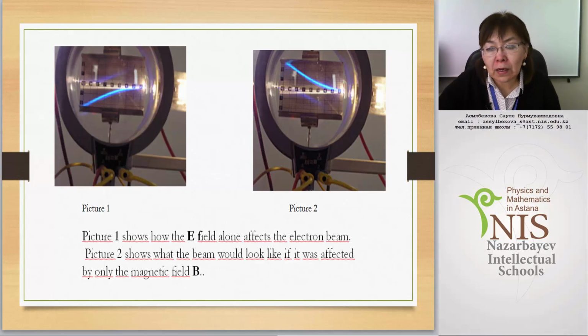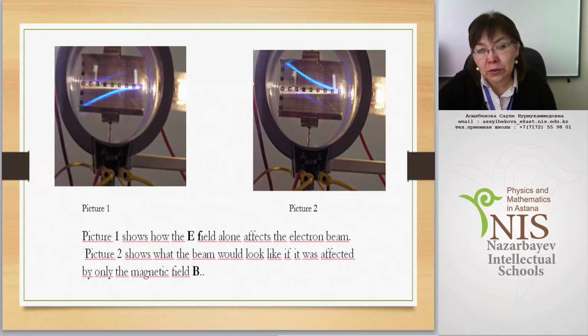Experiments show that if you have only the electric field, the charge is deflected, for example, downwards on the screen. But if you switch off the electric field and switch on only the magnetic field, the beam starts to deflect in the opposite direction.